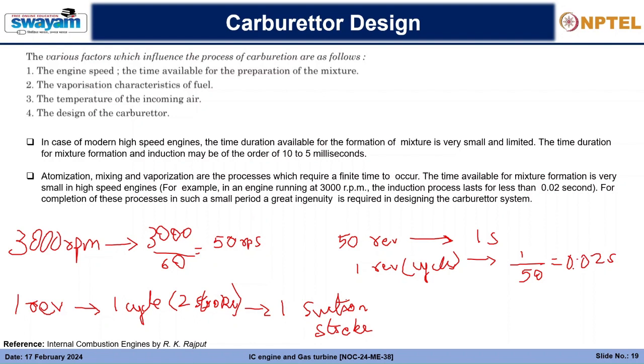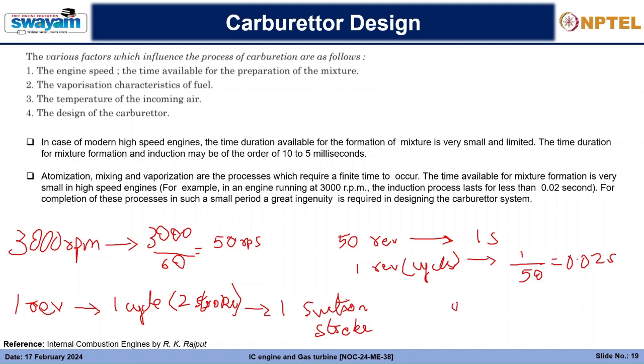And for each 0.02 seconds, we have one suction stroke, and that is occupying less than 0.02 seconds, because for vaporization, atomization, mixing and everything, the time is much less than this 0.02 seconds, generally in the orders of 10 or 20.